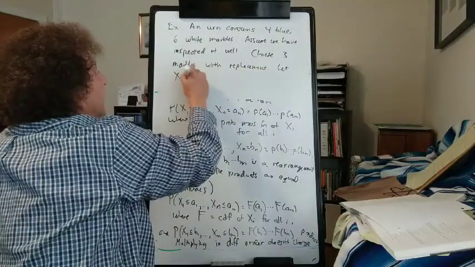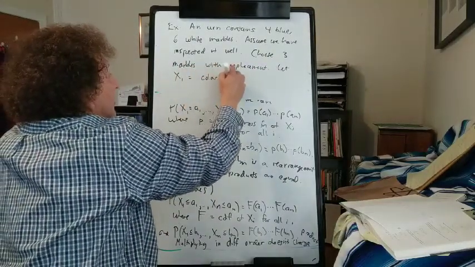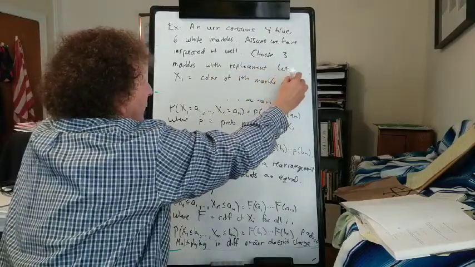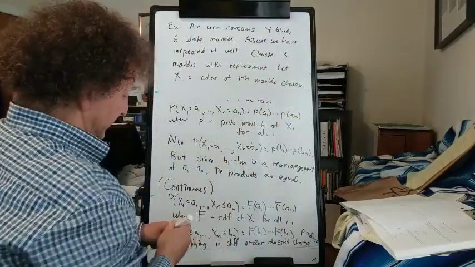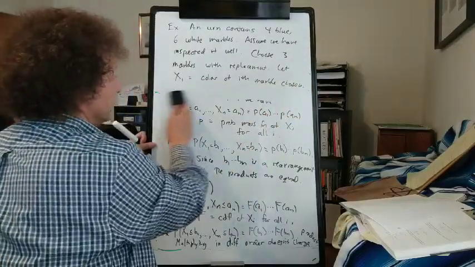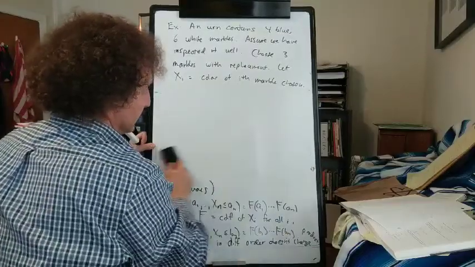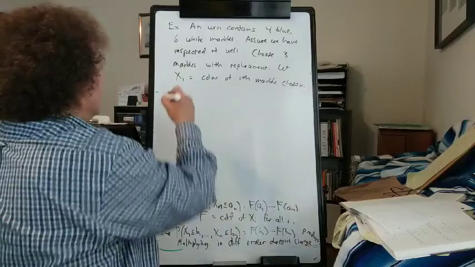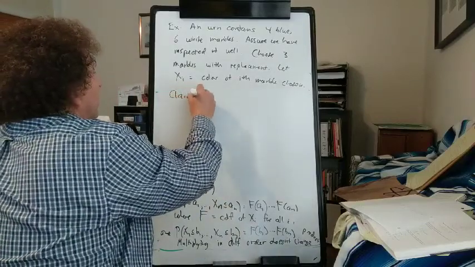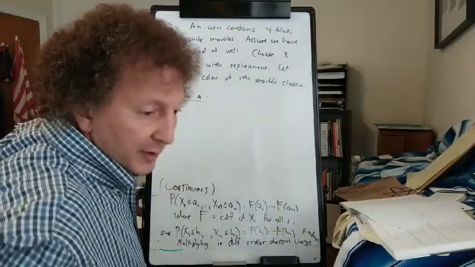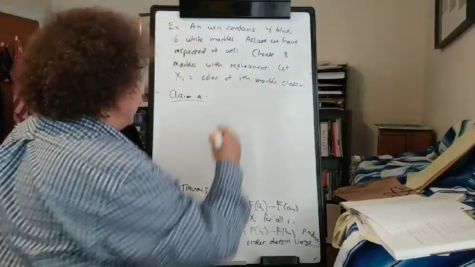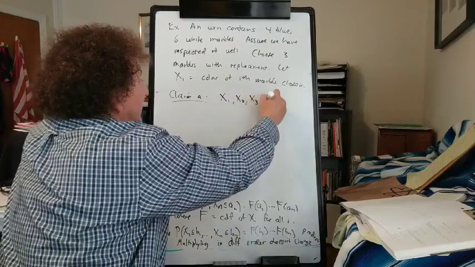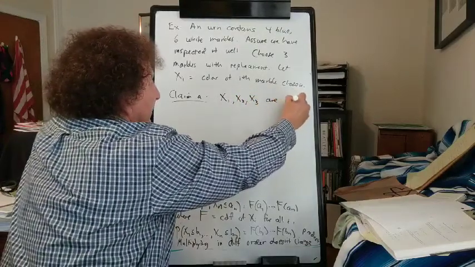Let's let xi be the color of the ith marble chosen. So first thing I want to claim is that x1, x2, and x3 are independent and identically distributed.